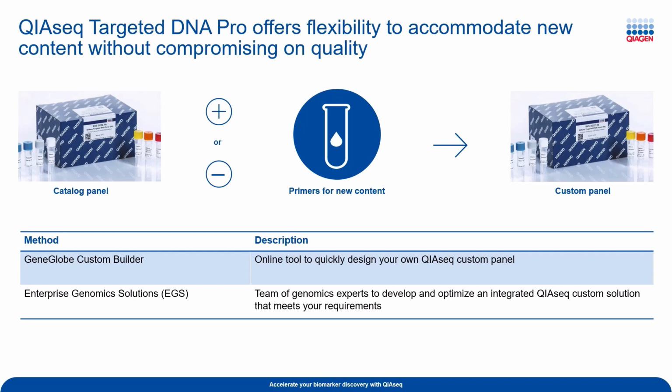Another way is to work with our Enterprise Genomic Solutions, or EGS, team. The EGS team can provide advanced customization options to target non-coding regions, as well as detect complex variants that go beyond SNPs and indels. The team also works with customers to ensure that the custom panel design is optimized to your NGS workflow, taking even the sample multiplexing requirement into consideration when designing a custom panel.